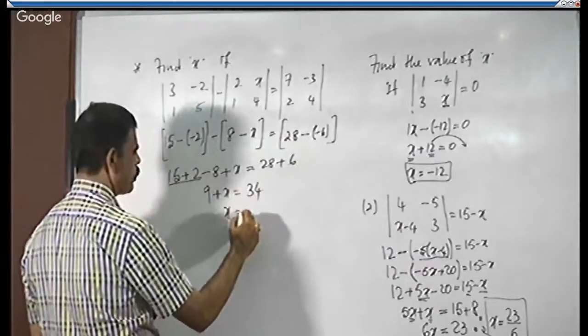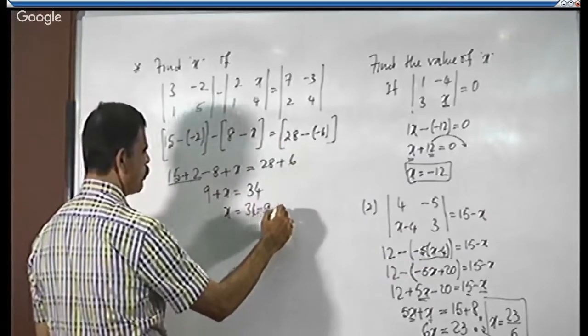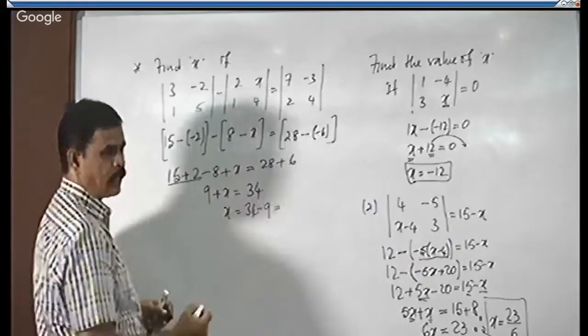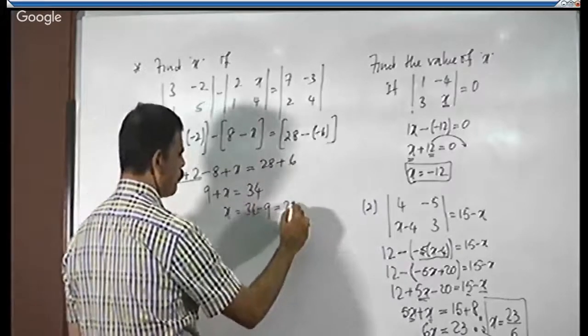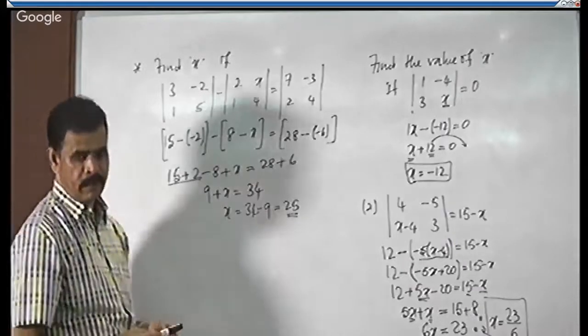Or x is equal to 34 minus 9, that is 25. The x value is what? It is 25, right?